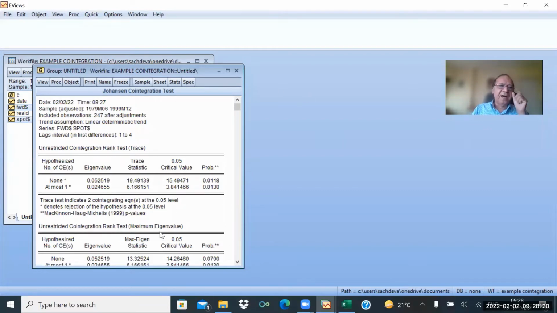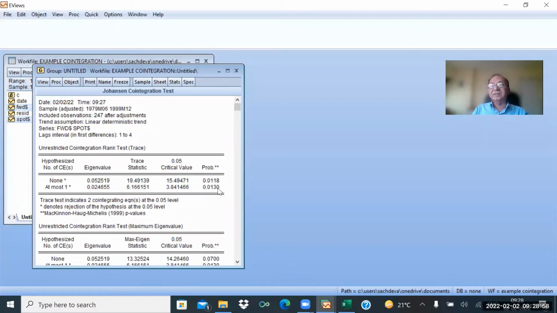So the first one is hypothesized. See this first column, hypothesized number of cointegrating equations. It says none, and it says eigenvalue 0.052519 and trace statistic, and then it tells me at 5% what the critical value is. Now the trace statistic is more than this critical value, so the probability is 0.0118.